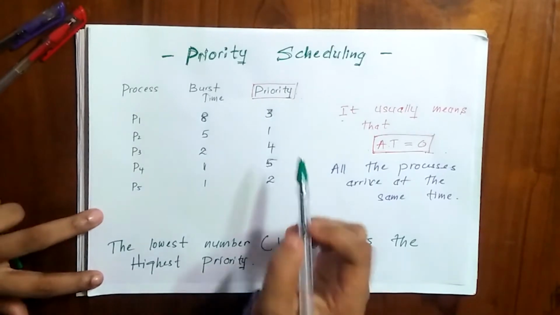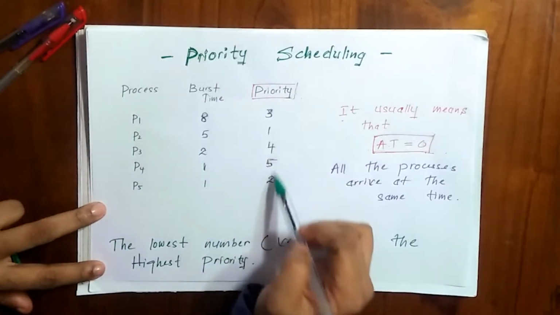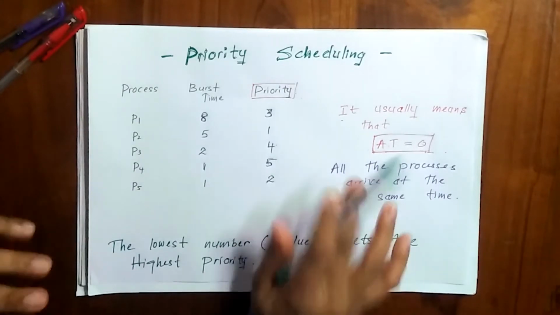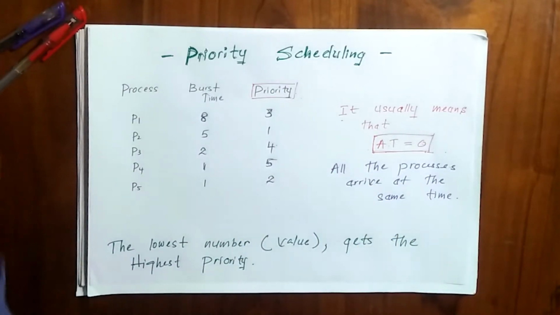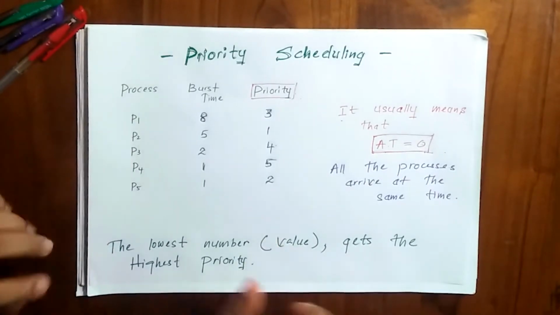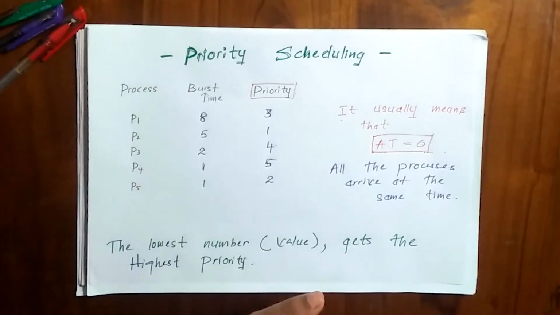Right? So from these values, the lowest number gets the highest priority. And now let's start with the first step, which is the Gantt chart.